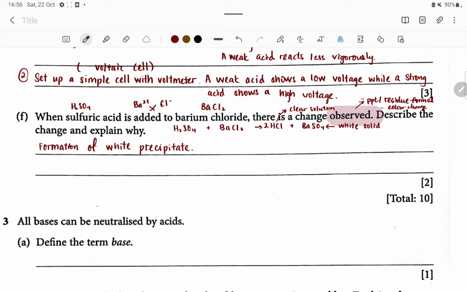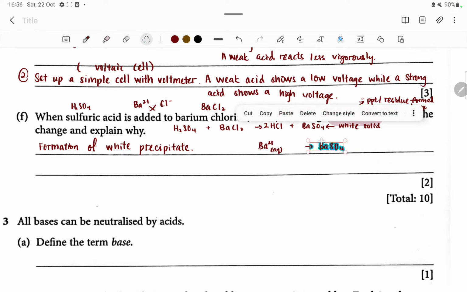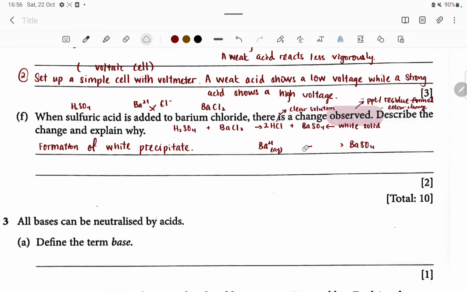Okay. Barium sulfate, white precipitate, how does it form? So I have to write the ionic equation for the formation of barium sulfate. We have barium ions, Ba2+ in aqueous state. They will combine with SO4 2- in aqueous state also, sulfate ion. Then they will form BaSO4.